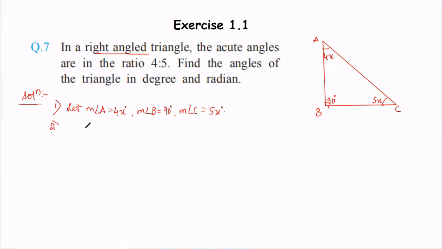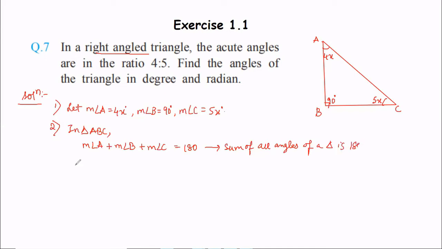In triangle ABC, measure angle A plus measure angle B plus measure angle C is equal to 180, for the same reason: the sum of all angles of a triangle is 180 degrees.